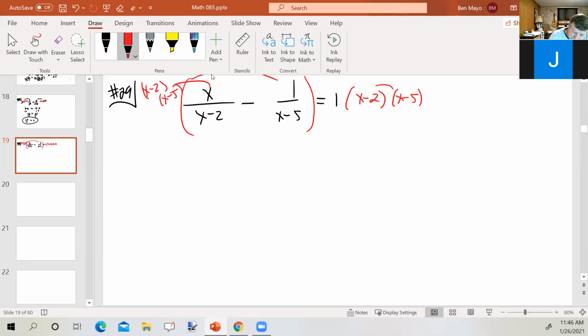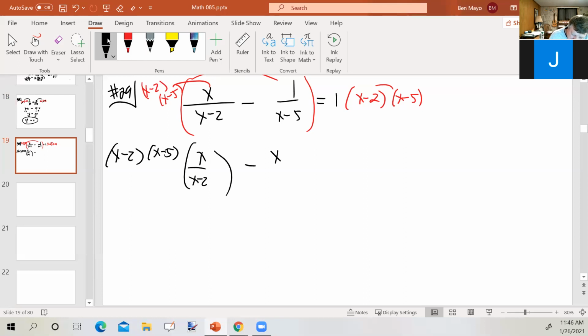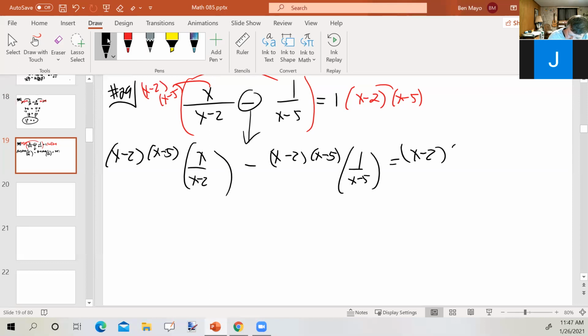Distribute, distribute, multiply. We're going to get x minus 2 times x minus 5 times x over x minus 2 minus, this minus, x minus 2 times x minus 5 times 1 over x minus 5 equals 1 times x minus 2 times x minus 5.